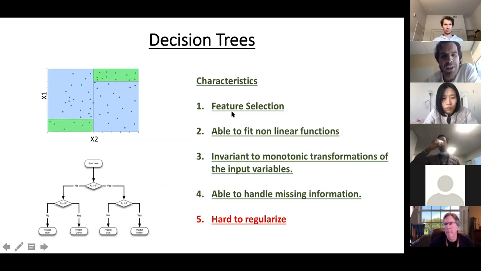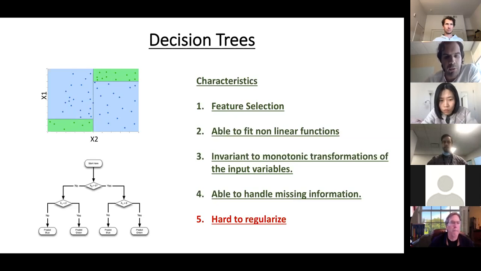So they do intrinsic feature selection. They are able to fit nonlinear functions. They are invariant to monotonic transformations of the original variables, and they are very capable of handling missing information. However, they have a huge drawback, which is that they are very hard to regularize. And they end up overfitting.